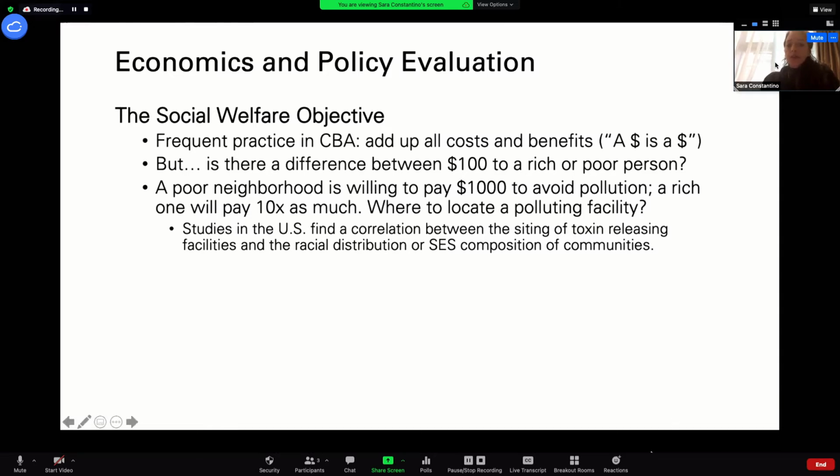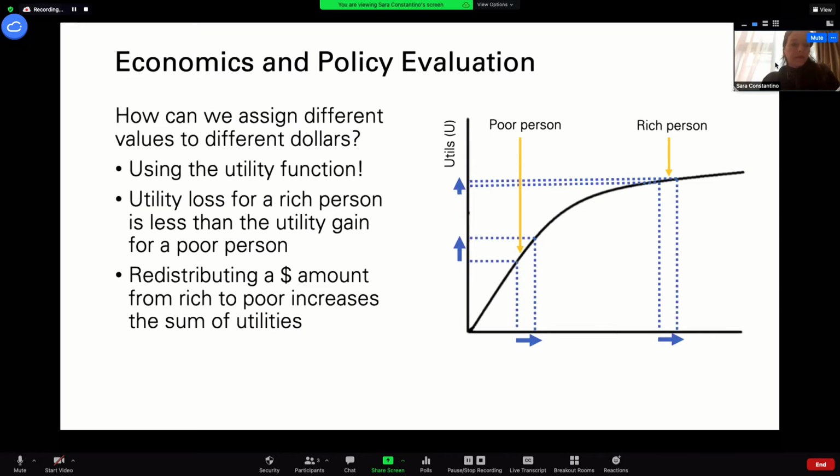And so studies in the US find a correlation between the siting of toxin releasing facilities and the racial distribution or class composition of communities, in part because of policies like this.